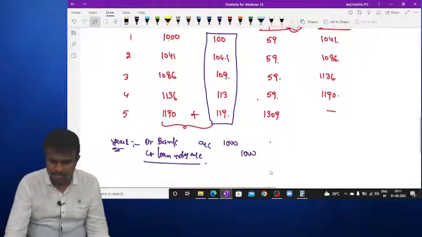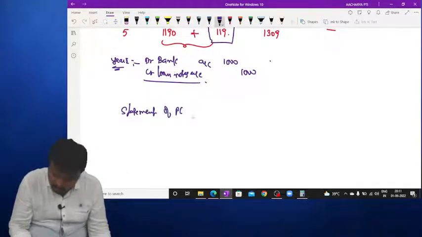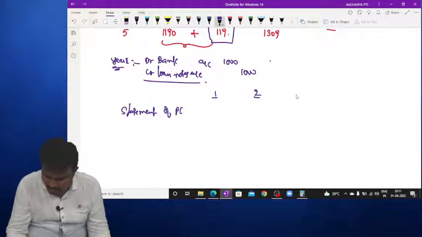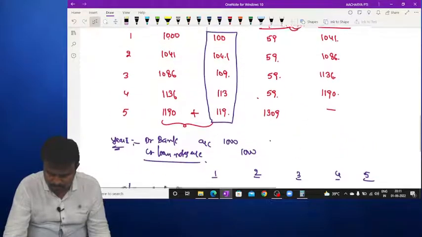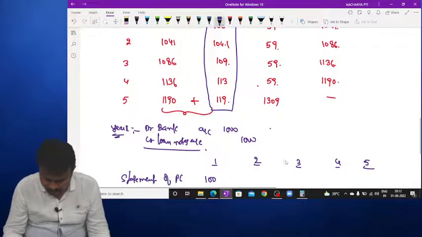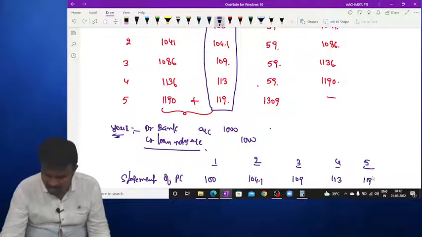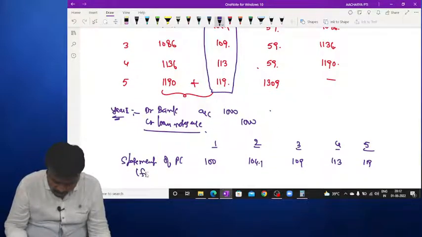So in the statement of profit and loss, for years 1 2 3 4 5, we show 100, 104.1, 109, 113 and 119, and these are shown as finance cost.